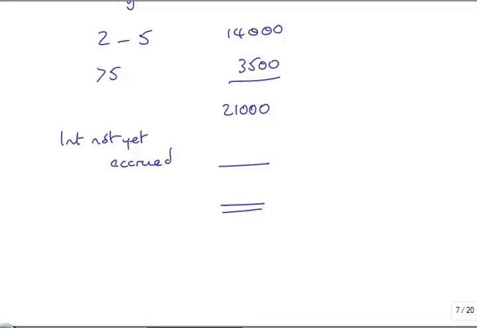Is it 15,244? Yeah, 15,244. 15,244 is the present value. It's the balance on the obligation account. It's the capital element outstanding. So 15,244 can go in there, which means interest not yet accrued must be 5,756.